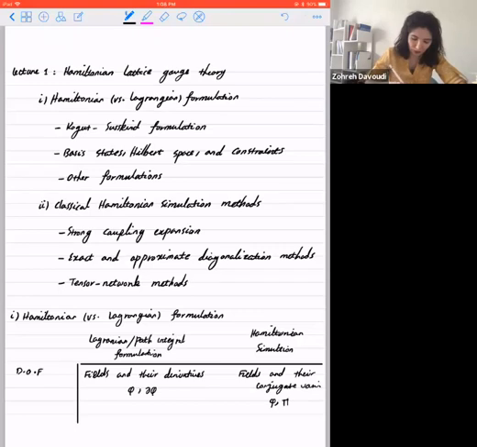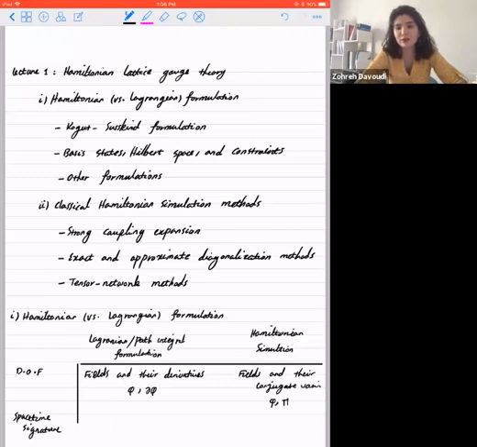So another important difference is the space-time signature. Of course, no one forbids you from doing real-time Minkowski calculations using the path integral formulation.